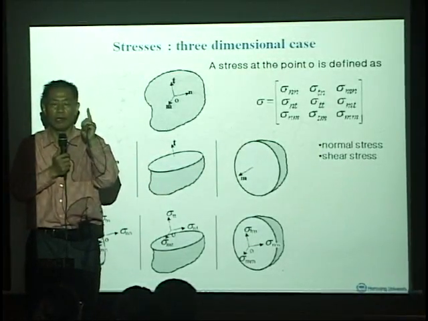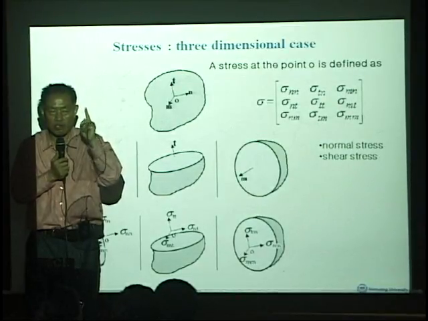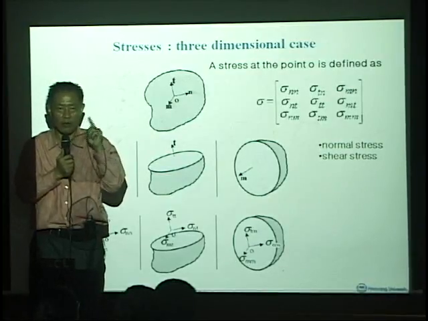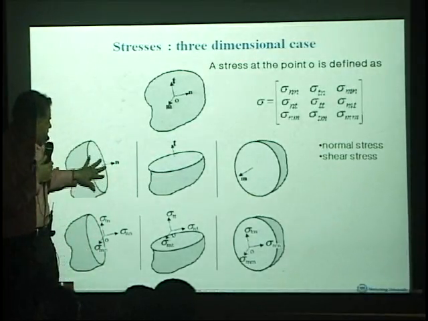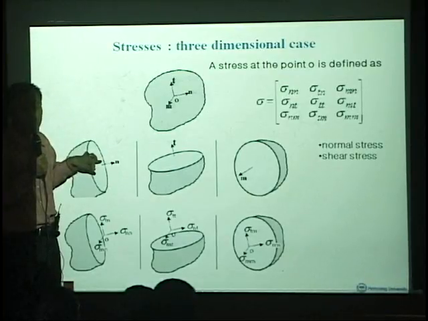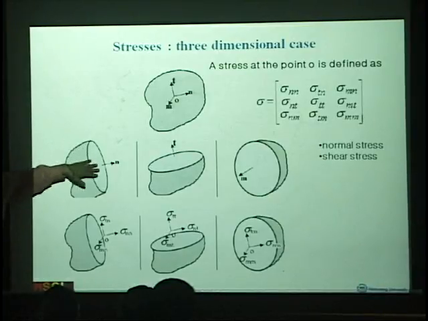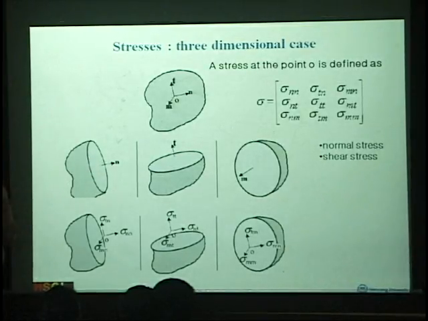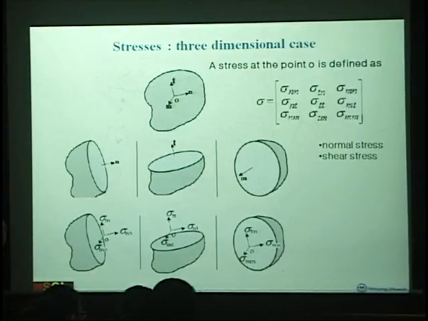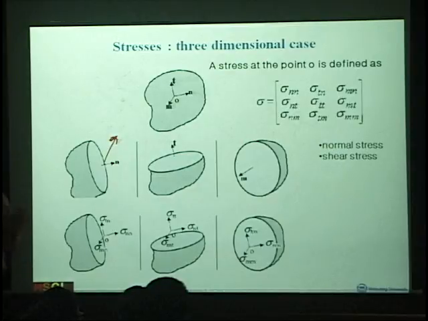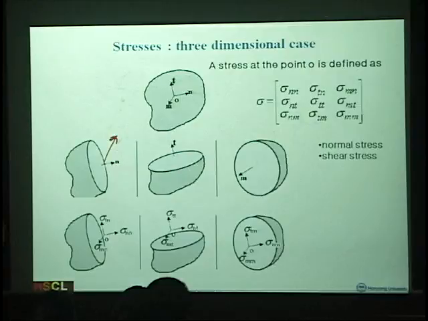Now, how many stress or force components can we have in each direction? For instance, this N. How many forces can we have on this cross section only? Well, generally speaking, the reaction forces can be in any direction. And these forces will have three components.